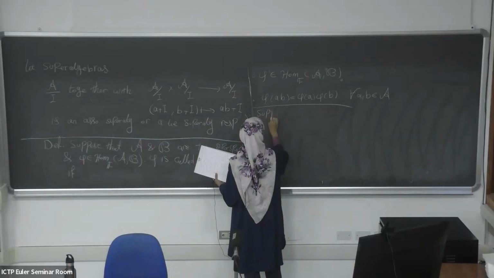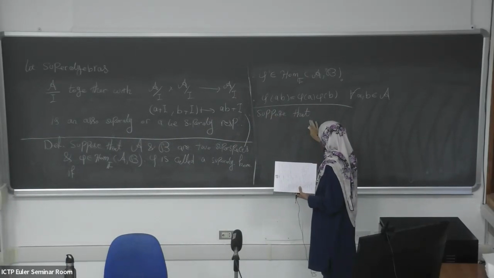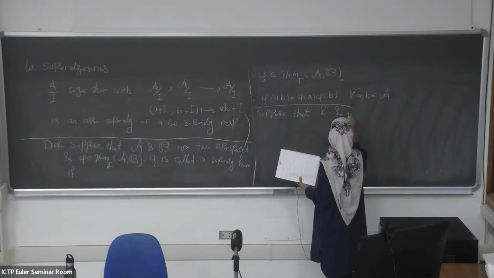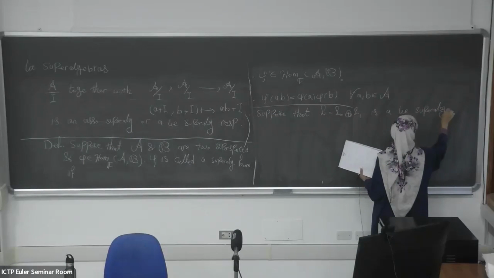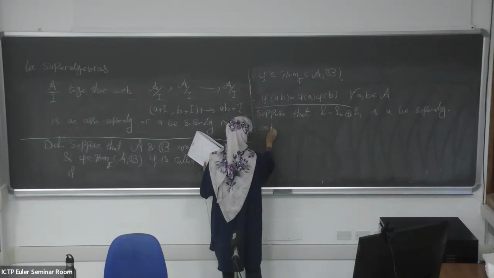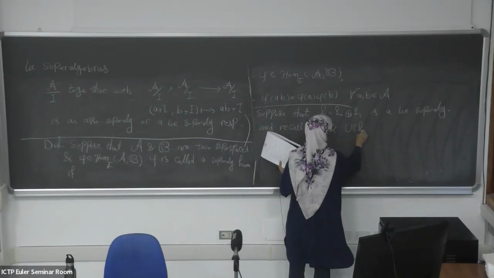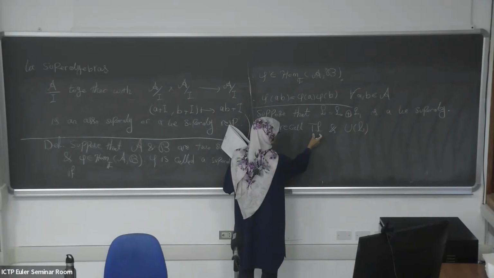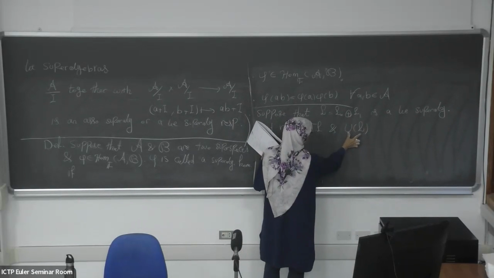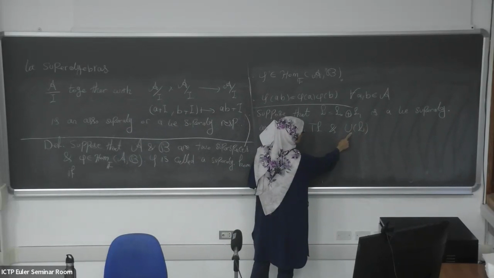Now, suppose that L is a Lie superalgebra, and recall TL and UL. TL is a unital associative superalgebra, and UL, which was the quotient of TL, is also a unital associative superalgebra.